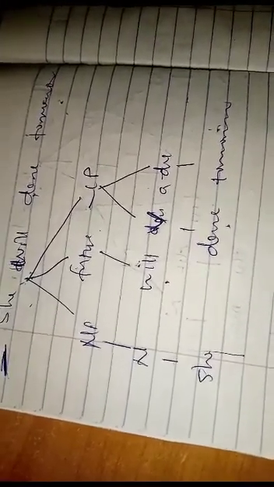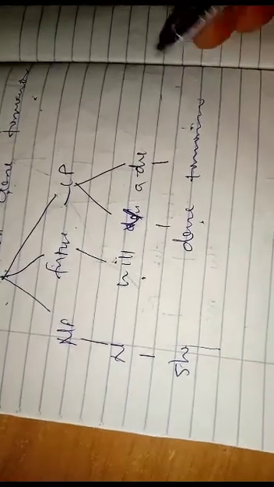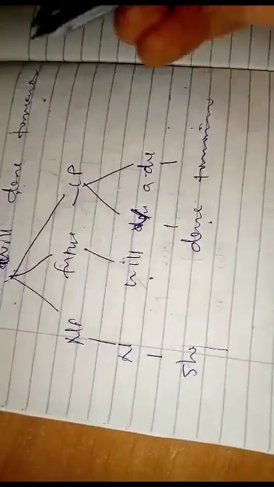Then you also have adverb of manner, slowly, carefully. Have adverb of degree, so much, adverb of frequency, always, hardly, rarely, are all adverbs. All right.